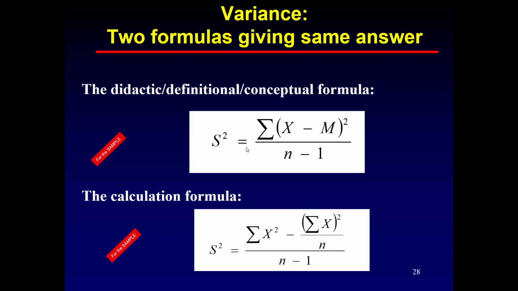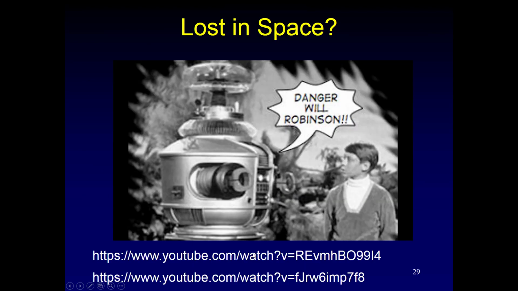So, for the sample, when I ask you to show your work in a problem, I'd like you to take this number from your calculator, show it, plug it into this formula, plug in the number of scores here and here. Do this calculation, and you're going to see that the variance for the sample will come out the same whether you use the didactic or the calculational formula.